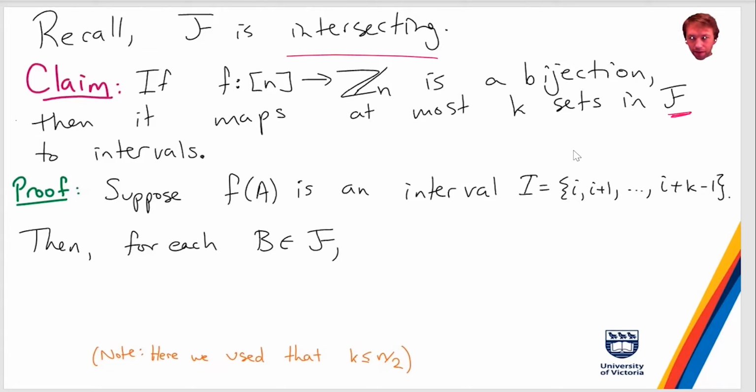Remember, F is a subset of this thing, so the k comes from the hypothesis. Why? The way to argue this is, suppose you've got something that maps to an interval. Maybe I'll just draw a circle. My circle is Z mod n.